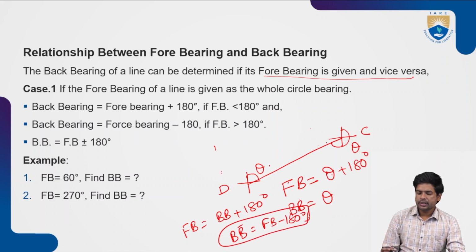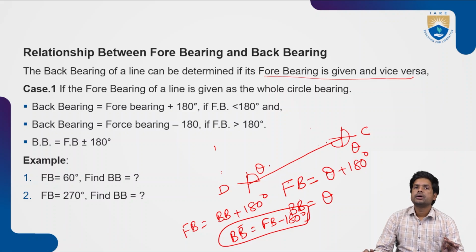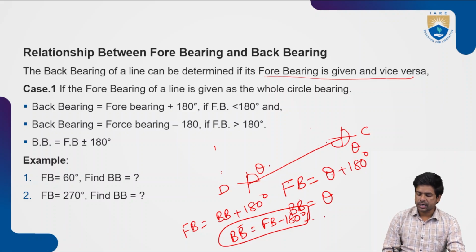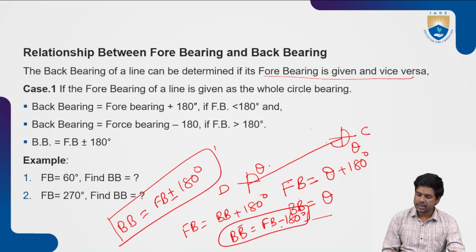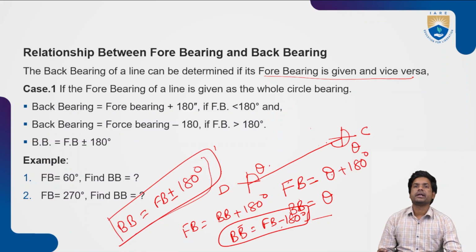So when you have the data regarding the fore bearing, you can find out the back bearing by using these relations. That means back bearing can be determined by using fore bearing plus or minus 180 degrees. In the previous condition it is positive, that is plus, and in this condition it is minus. So by using this equation you can find out fore bearing and back bearing values.